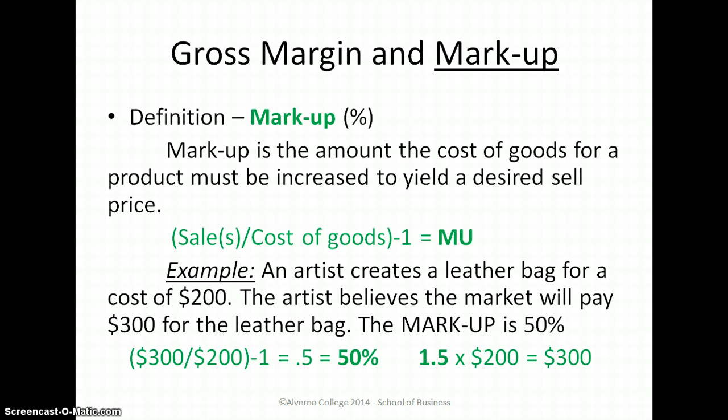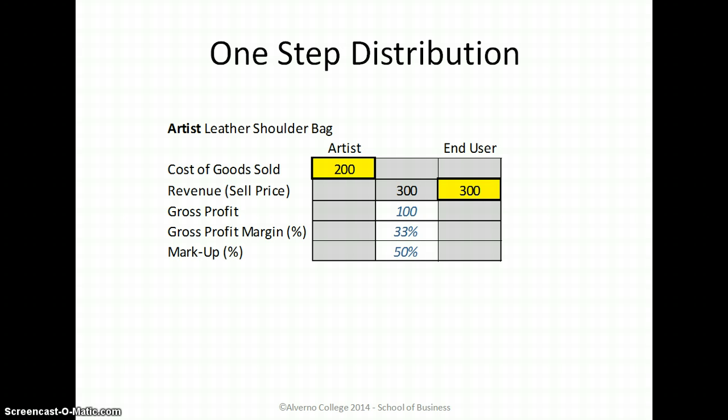Now what's interesting is that you can also take this markup factor, so the minus 1, slide that over and combine it with the 0.5, so if you take 1.5 times $200 cost of goods, that will yield a $300 price. So with markup, when you have these different components, you can work this up or down depending on what you want to achieve or where you're starting.